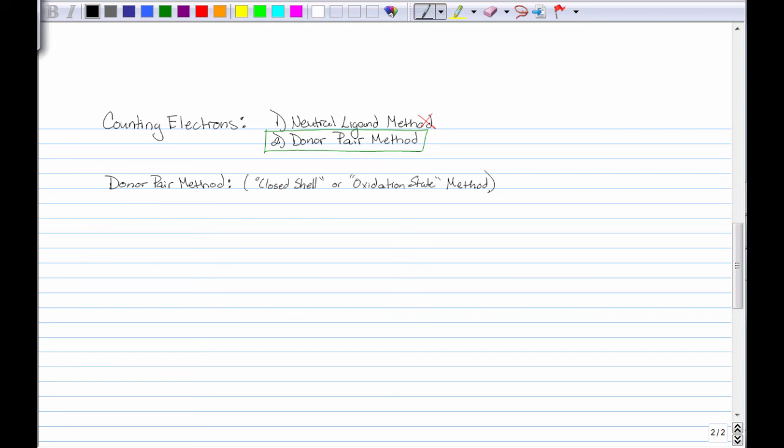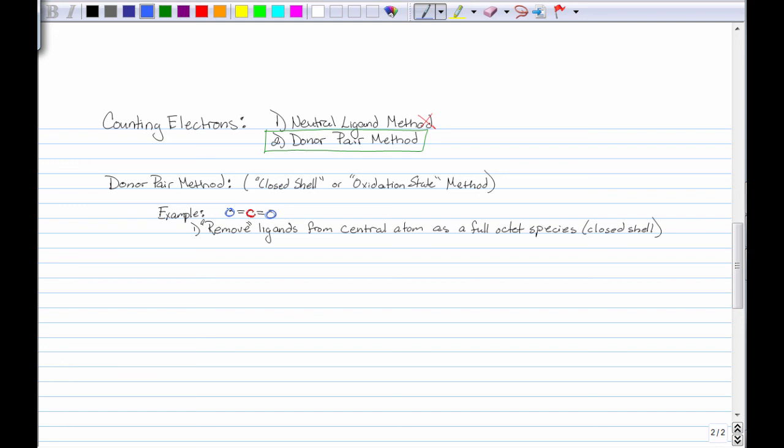And I'm going to first use the example of an organic molecule that you're familiar with to show you how you would do this. So I'm going to use carbon dioxide as my example. So the first step in this is to identify the central atom and the ligand. So here my central atom is carbon and my ligand atoms would be oxygen.